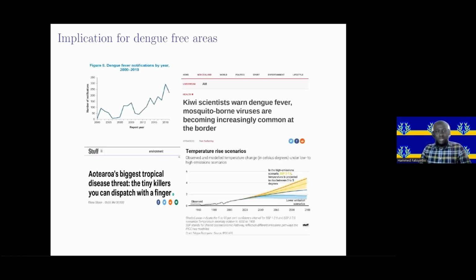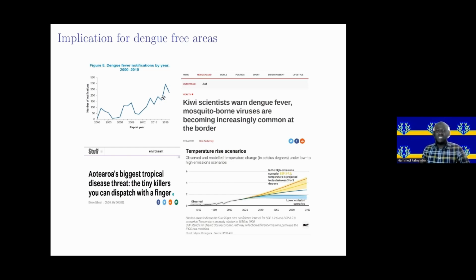Now I would like to make a short comment on the implication of dengue fever for disease-free areas. I'm going to use New Zealand as a case study, as we have seen that New Zealand is also free of dengue. Looking at this figure here, these are the reported notifiable cases of dengue fever in New Zealand between 2000 and 2009.